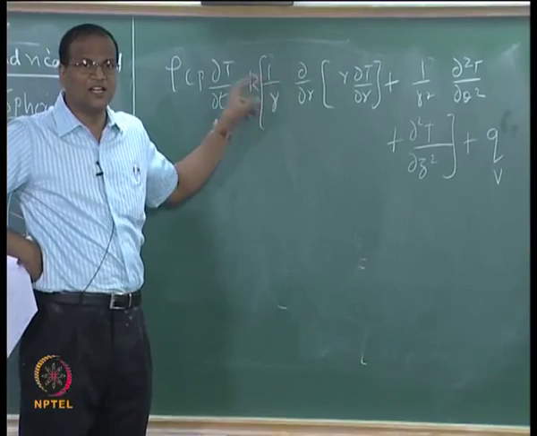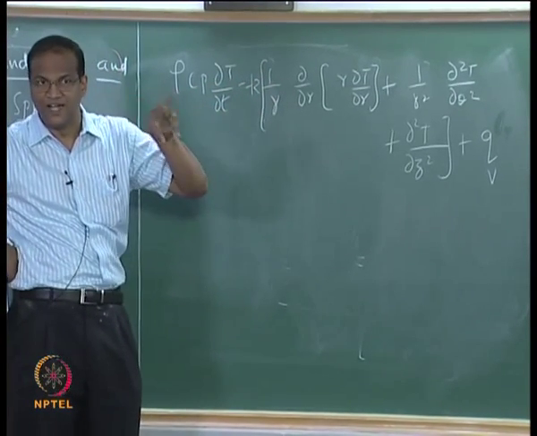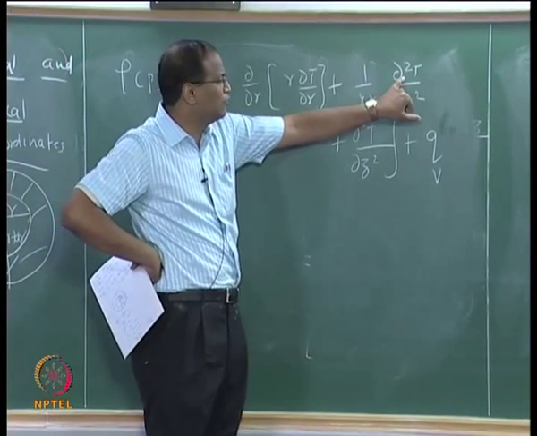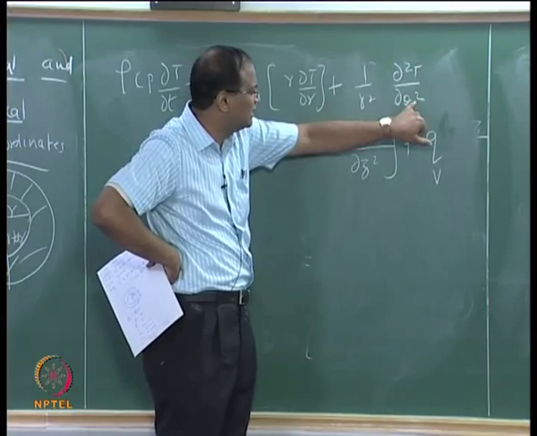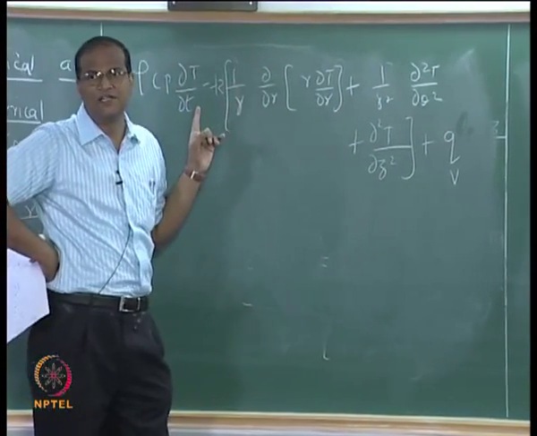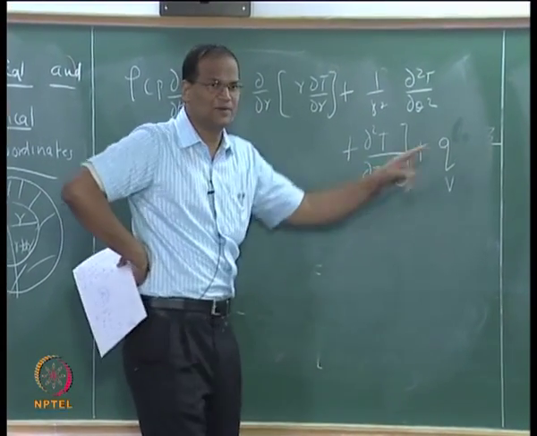It is not a constant heat flux across the radius, there may be constant heat transfer rate, but heat flux is not constant. Then theta is dimensionless, therefore d squared T by d theta squared has to be multiplied by 1 by r squared, otherwise it is not dimensionally consistent, then d squared T by dz squared.